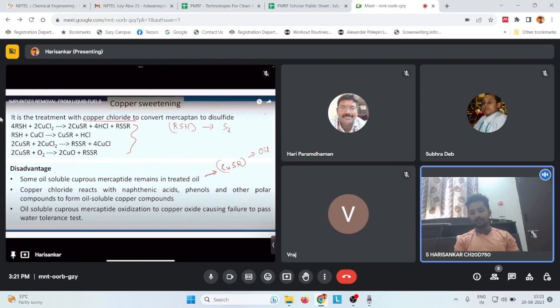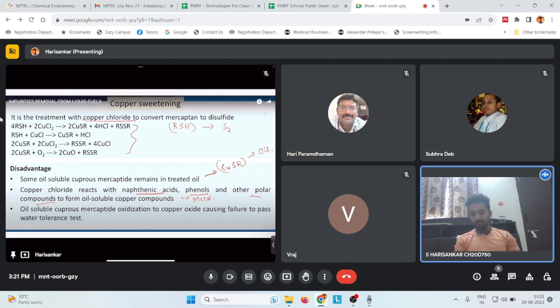And copper chloride can also react with naphthenic acids, phenols, and other polar compounds to form oil-soluble copper compounds. So again, some amount of impurities can still remain from copper basically. So copper based complexes are metal impurities. These metal impurities can still remain in the oil phase, and it is pretty difficult to get them separated.